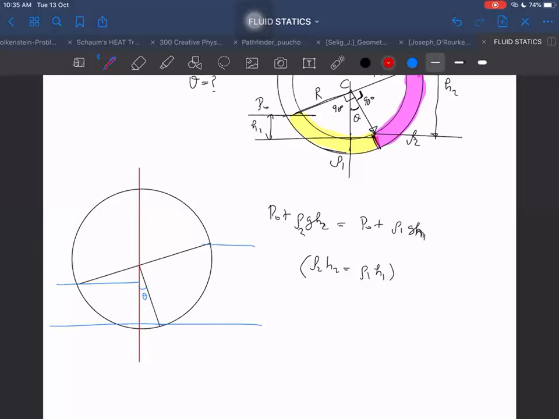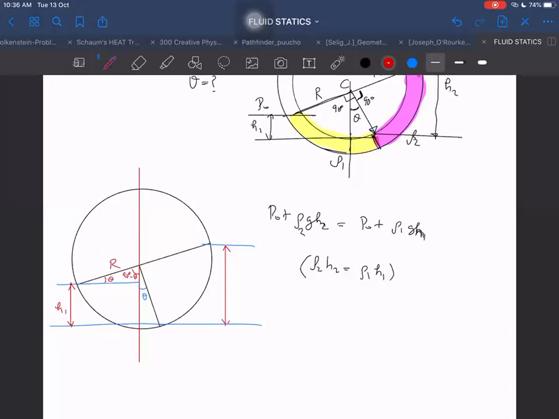R minus R sin theta is H1. Sir, R minus R sin theta is H1.